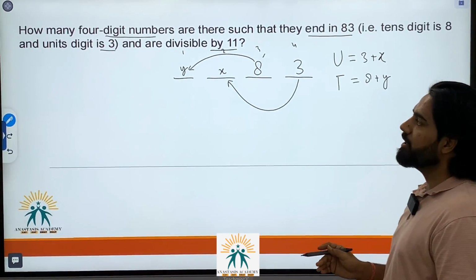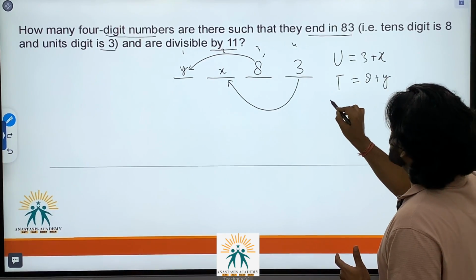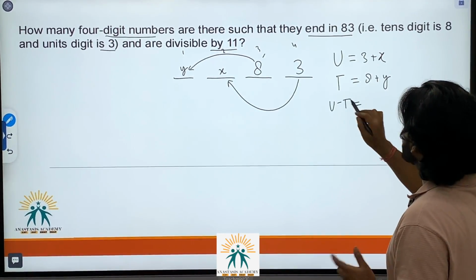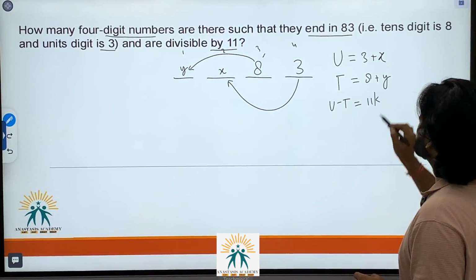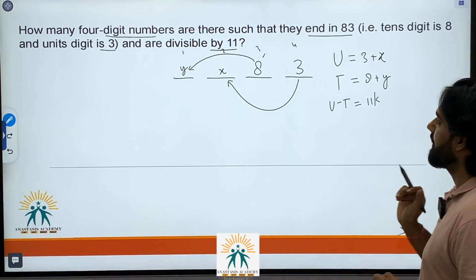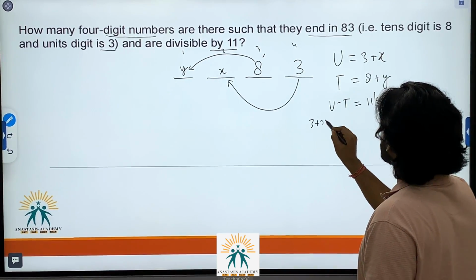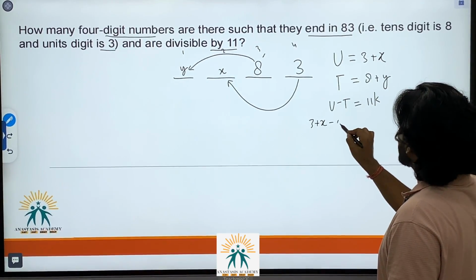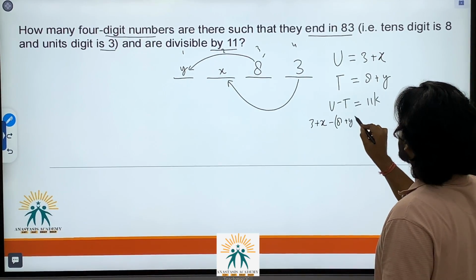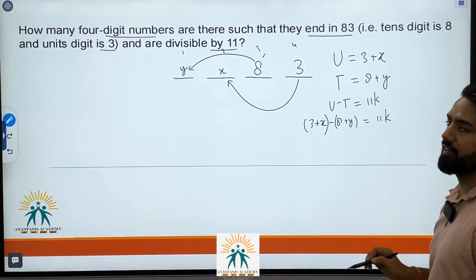So the divisibility rule of 11 says the difference between these two sums, that is u minus t, must be a multiple of 11, or this difference must be divisible by 11, right? So if I take this difference, the expression becomes 3 plus x minus (8 plus y), and it should be a multiple of 11, right?